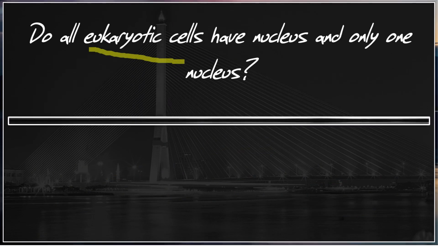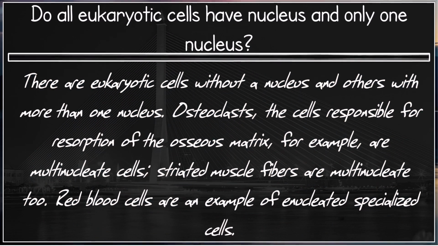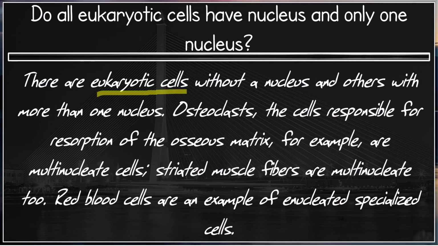Do all eukaryotic cells have a nucleus, and only one nucleus? There are eukaryotic cells without a nucleus and others with more than one nucleus.